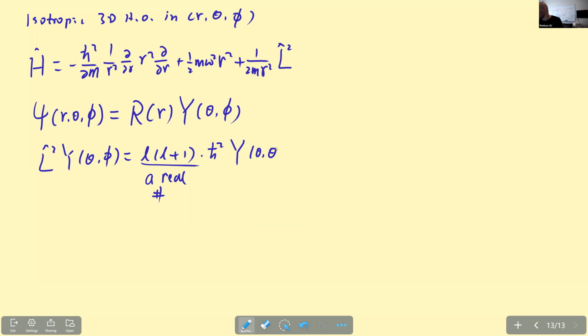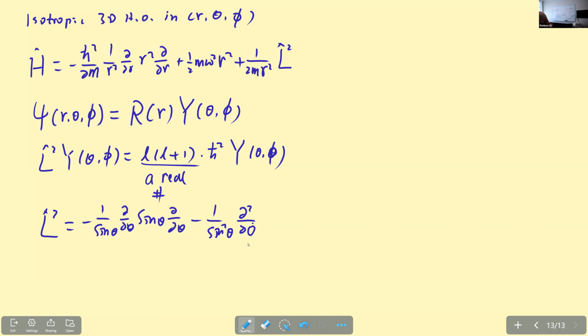Y of theta phi, right? But remember, this L squared is also something like minus 1 over sin theta, partial theta, sin theta, partial theta, minus 1 over sin squared theta, partial phi squared. So you can see that it does not depend on phi.